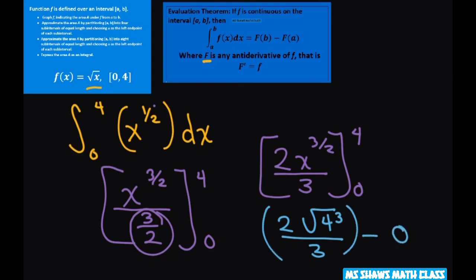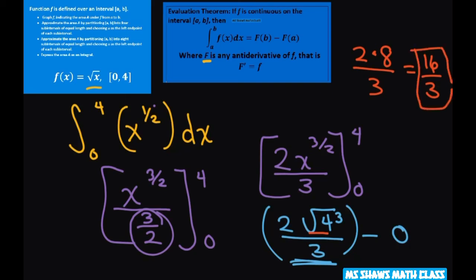The only thing we have to deal with is this part. The square root of 4 is 2, and 2 cubed is 8. So this is 2 times 8 divided by 3, and that's 16 divided by 3. That is your final answer.